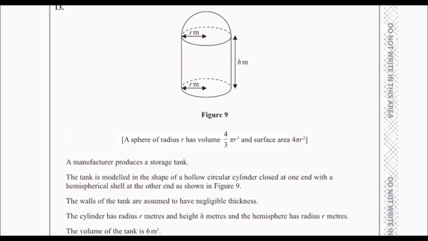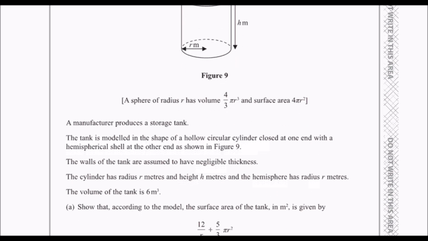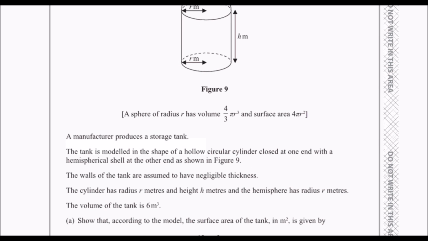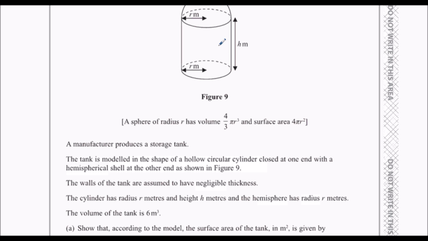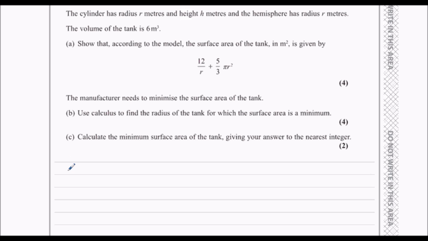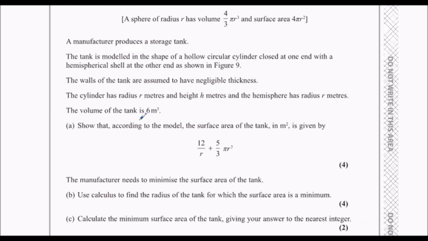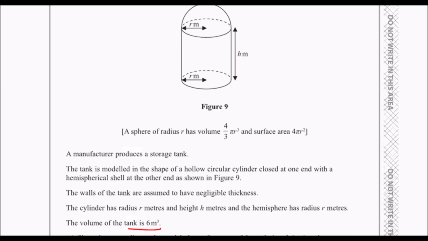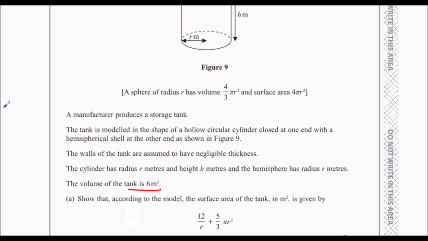So we need to find the surface area of these two shapes and add them together. So let's start with that. We're also going to be using this information about the volume, probably to eliminate the h.